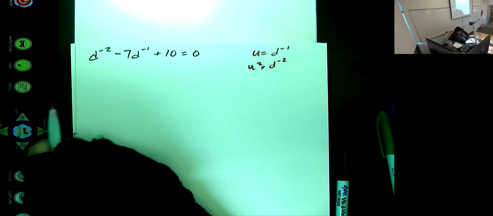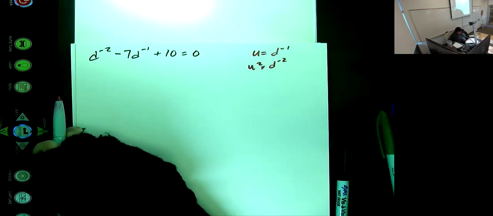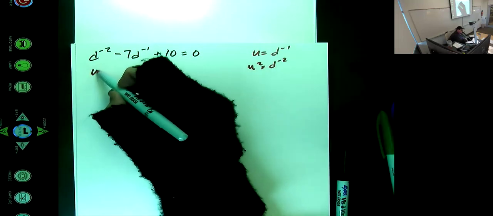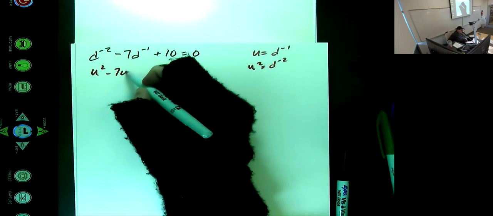The u squared equals d to the negative 2. So we have u squared minus 7u plus 10 equals 0.